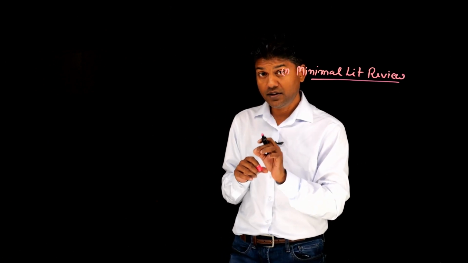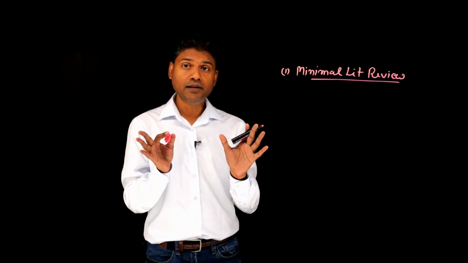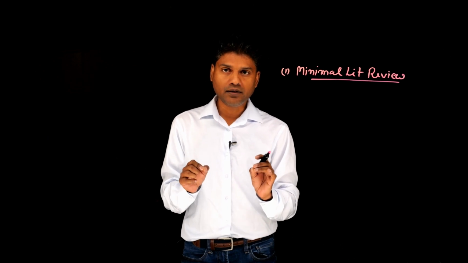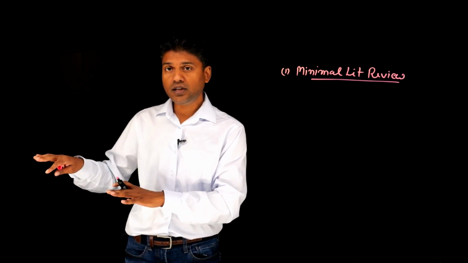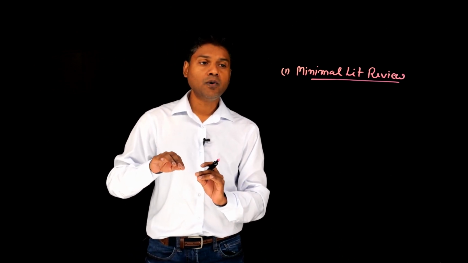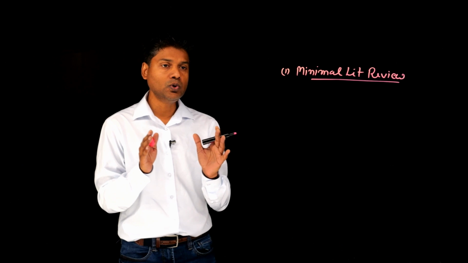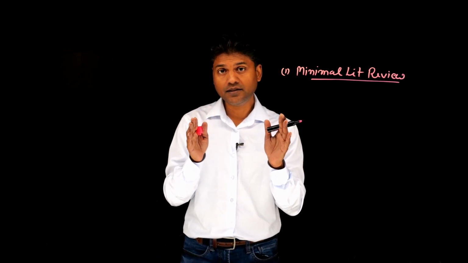As a grounded theorist, you want to have an open mind. You want to make sure that when you look at the data, you are not thinking about any pre-existing theories, you are not thinking about any pre-existing concept in your field. So you want to look at the data with a fresh mind, with fresh eyes.